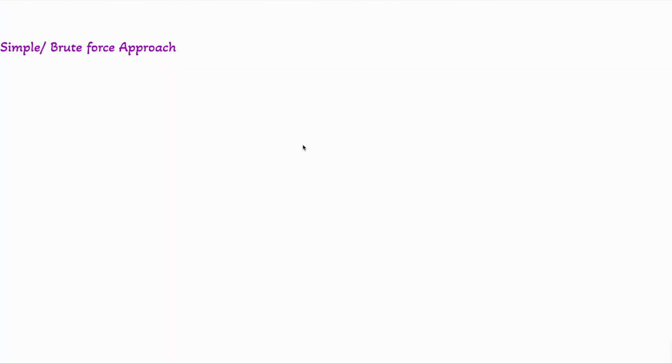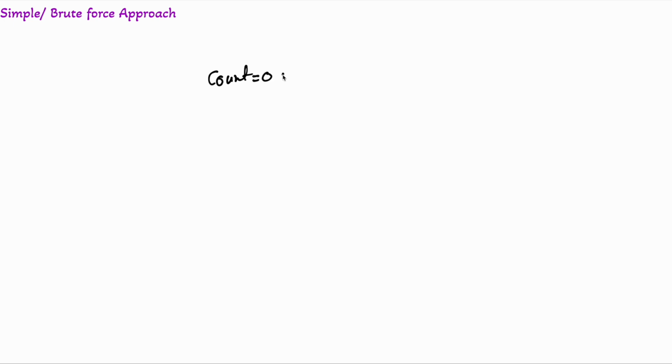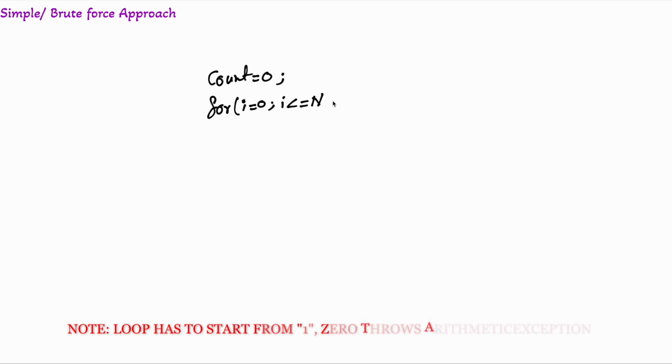If we write the code for the simple brute force approach, we keep our counter as 0. We start our counter with 0, and for i equal to 1, i less than or equal to n, i plus plus, what we have to do is check if n modulo i is equal to 0.